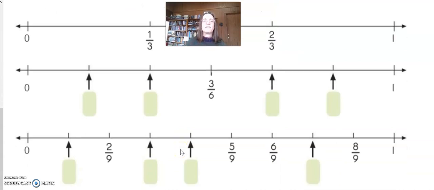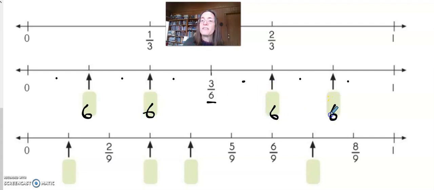So let's look at this lovely number line here. This one is divided into thirds. 1/3, 2/3, 1 whole right there. Now let me see if this is 1/3, but now how many pieces? 1, 2, 3, 4, 5, 6. Aha! The denominator here is going to be 6ths. And so if I put the 6 in the denominator for all of these, you'll have some practice pages that has this.